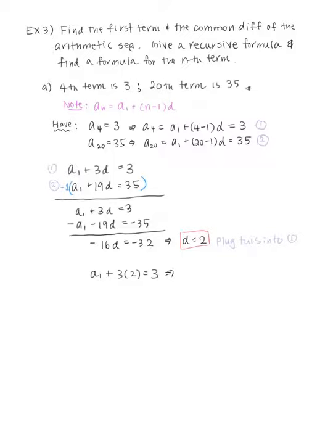So that implies that a sub 1 is going to be negative 3. So we got our first term and the common difference. Next, we need to give a recursive formula for this. So let me just write it down. Recursive.